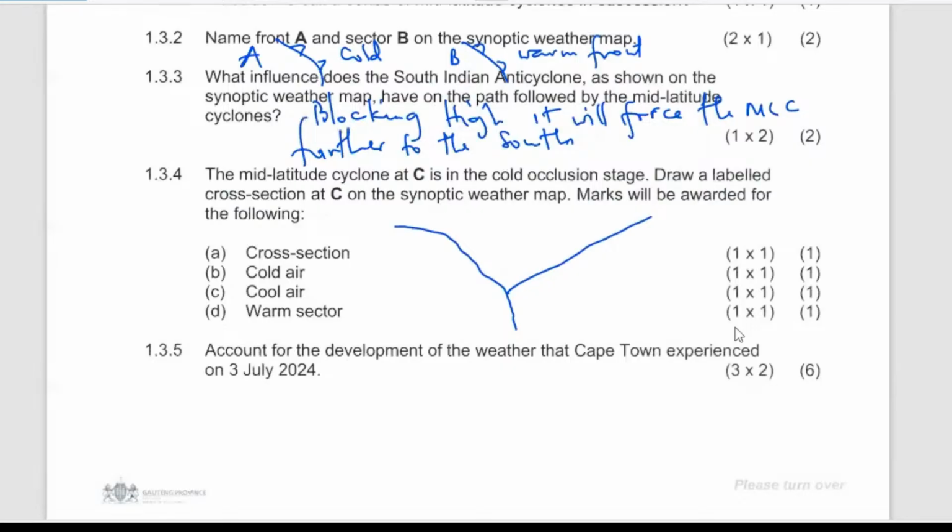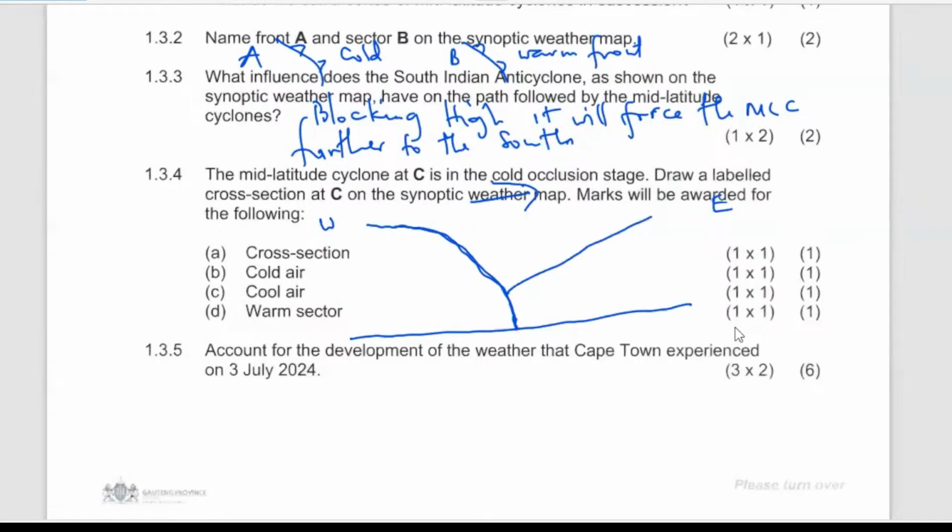So this is our ground surface, and this is our west, and this is our east direction. We know the movement direction is always in that direction. Right, given that we want to check on the mark allocation so that we are able to identify the given features of the mid-latitude cyclone, the shape of the cross-section must be in such a way that it is the cold front that touches the ground because it's a cold occlusion.